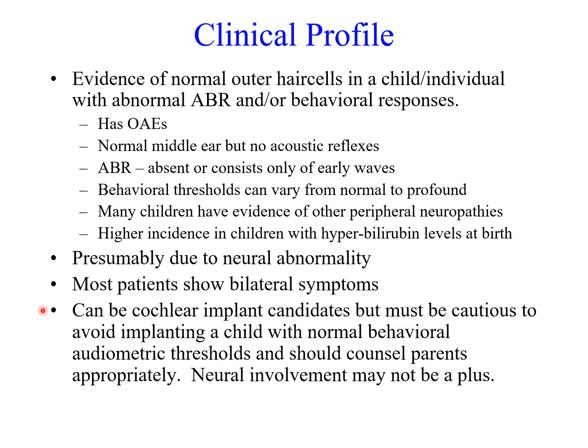For me, I want to be conservative. I'm not a big fan of doing cochlear implantation on AN patients, especially you want to make sure you don't implant patients with normal behavioral thresholds. In reality, their hearing thresholds are normal.